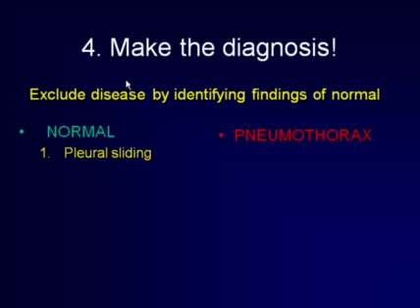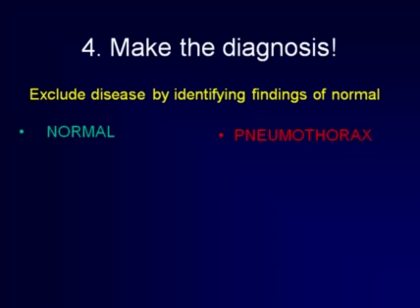The fourth and final step is, having identified the pleural line, to make the diagnosis from the information the pleural line gives you. This can be done by identifying normal findings which are present in expanded lung, and thus ruling out the presence of pneumothorax by identifying expanding lung.